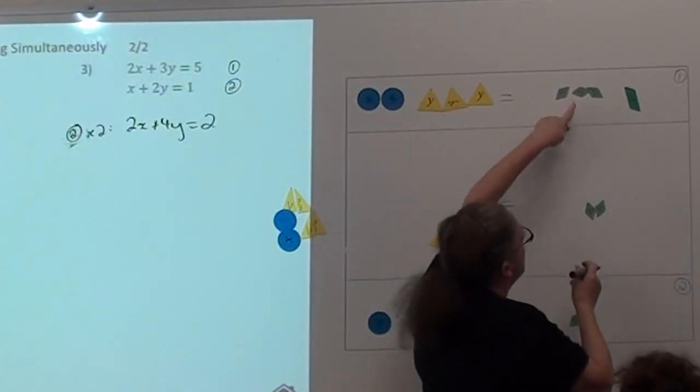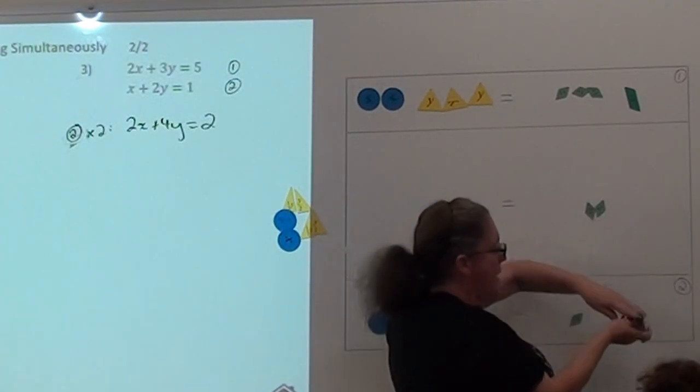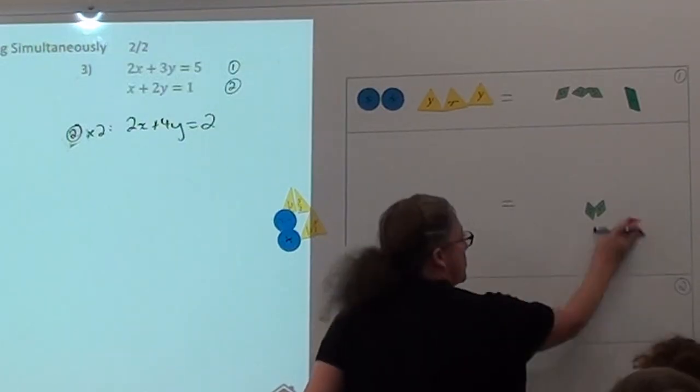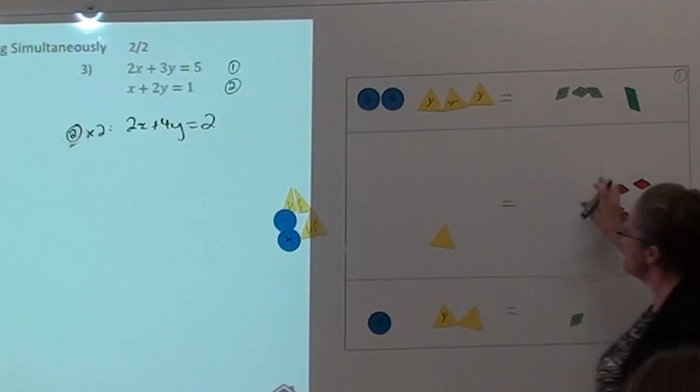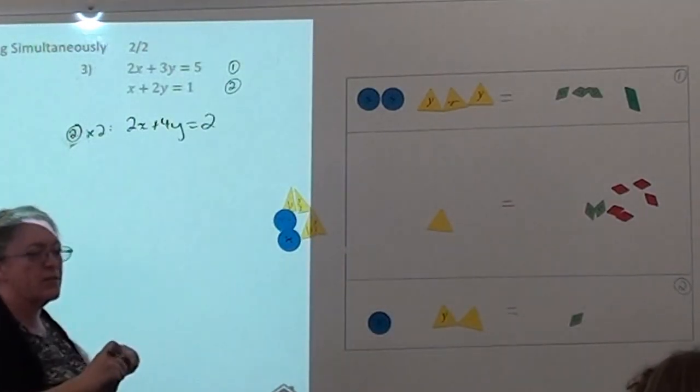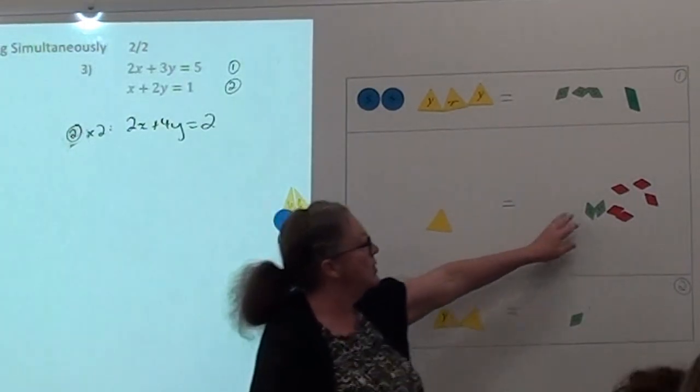There are, okay, I can't take 5 away, but I can add the opposite. 2 take 5. That's annoying. Okay, so I couldn't physically take 5 away, but if we can't take something away, we can always add the opposite. So there's the answer once I've cancelled.